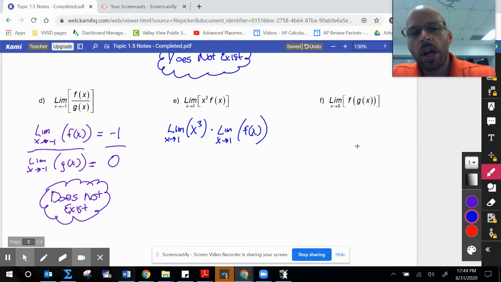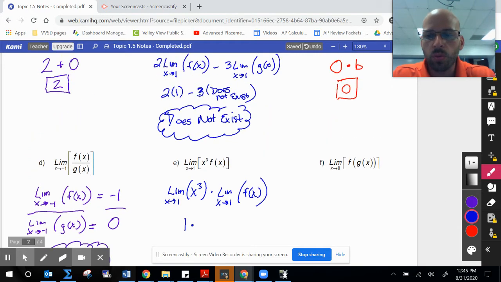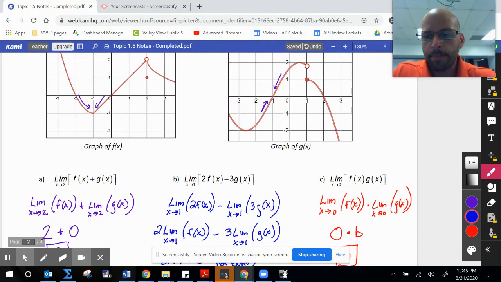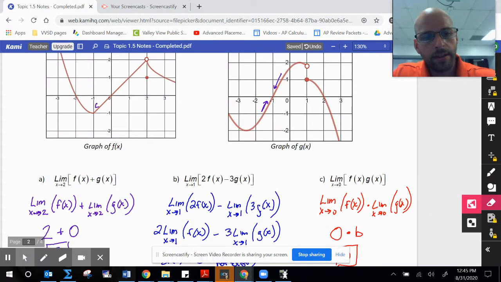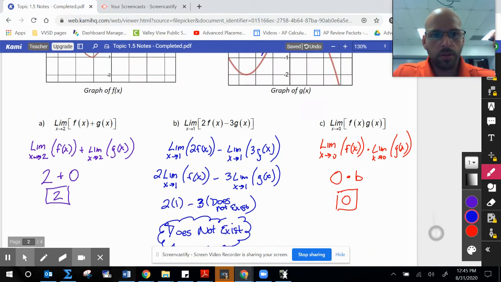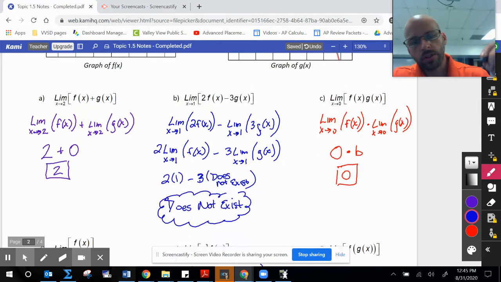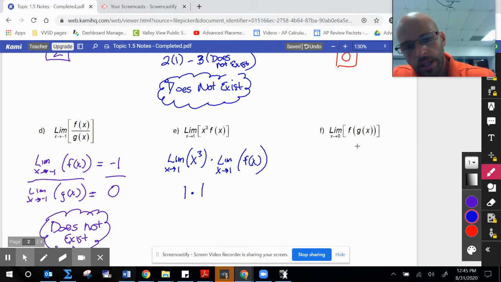I don't really need to. 1 to the power of 3 is just going to be 1. However, I do want to evaluate the limit as x approaches 1 of f of x. And if I do that, as x approaches 1, it's going to be this point. So it's going to be at 1. And 1 times 1 gives me 1 as an answer.